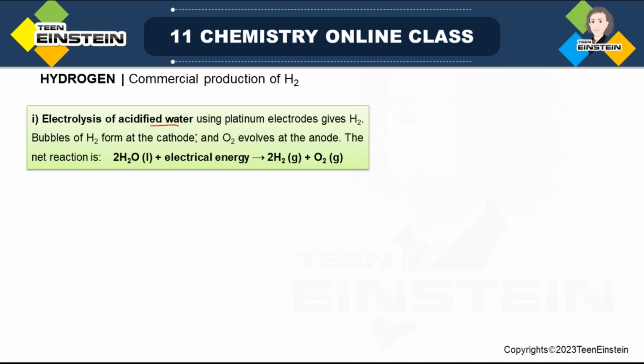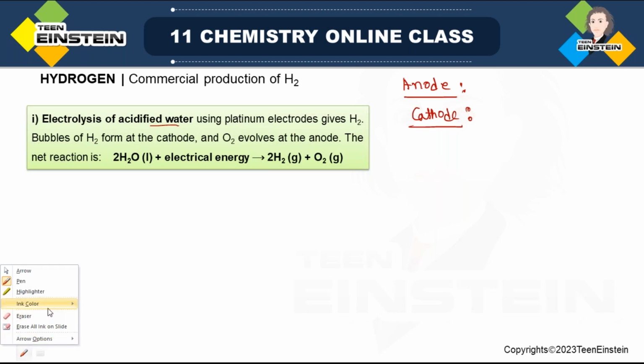And in the electrolysis process there is a cathode and there is an anode. At the cathode there is reduction occurring, at the anode there is oxidation occurring. So let us see what reactions are going on here. The reaction that you are seeing here is actually the overall reaction: 2H2O, with electrical energy, gives 2H2 gas as well as O2.